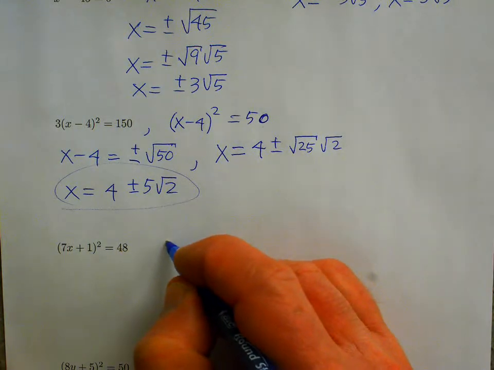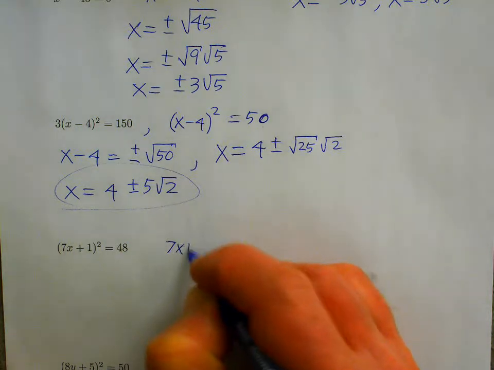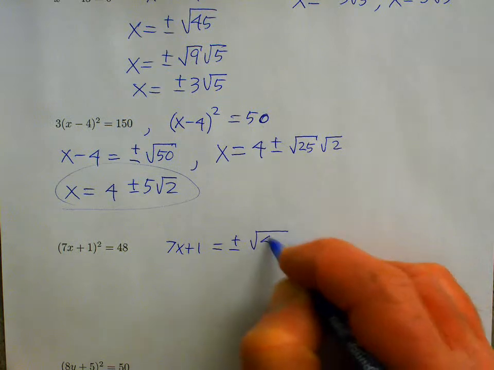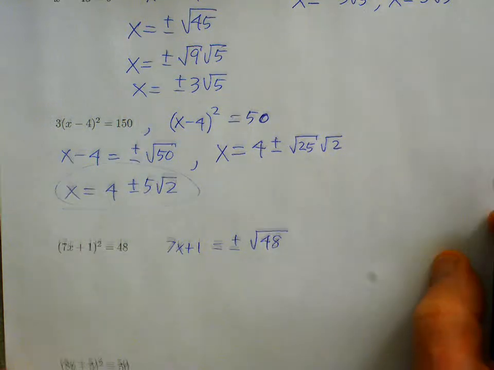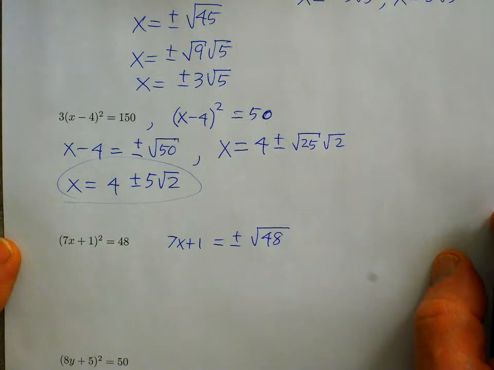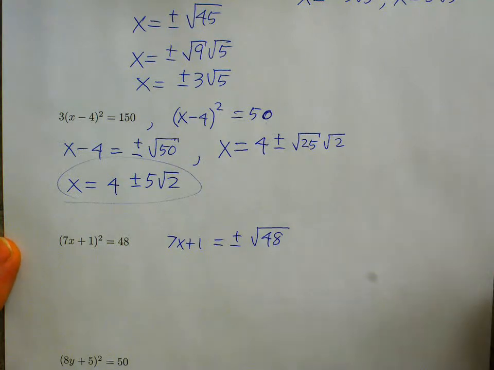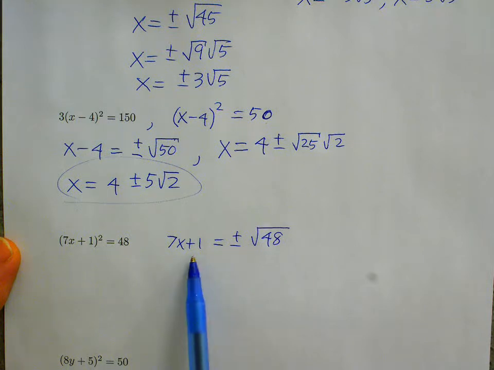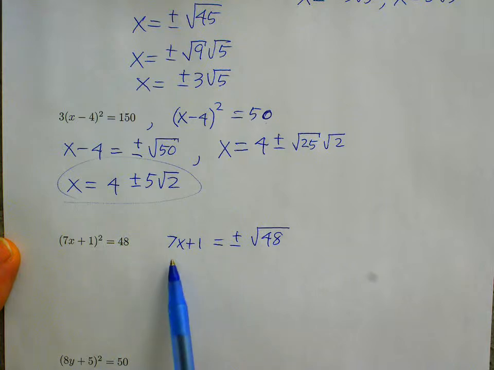So we start by writing 7x plus 1 equals positive and negative square root of 48. So 3 things to do. One of the things is simplify the square root of 48. And then we're going to subtract 1 from both sides. And then the last thing we'll do is divide every term on both sides by 7.